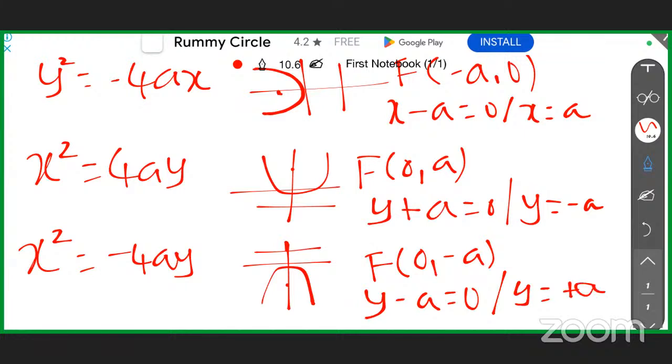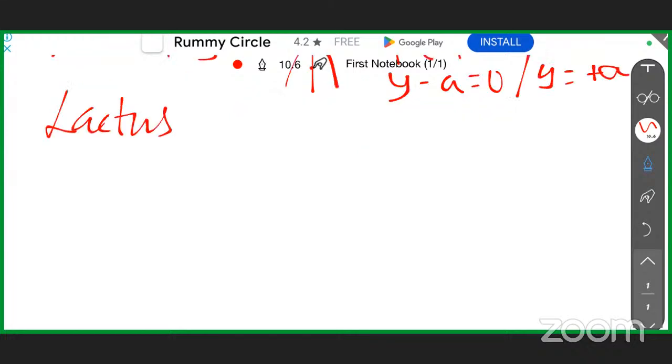Do you understand so much, dear students? Yes, sir. Then with the parabola we'll have one more topic to discuss, that is the latus rectum. It is not very important, but sometimes they can twist the question using this latus rectum, because everything will be discussed on other topics also.